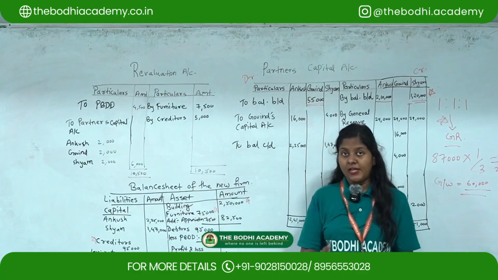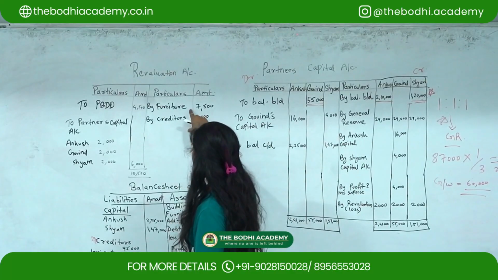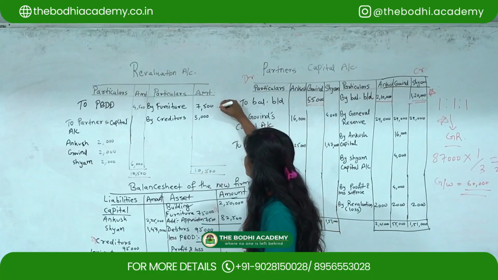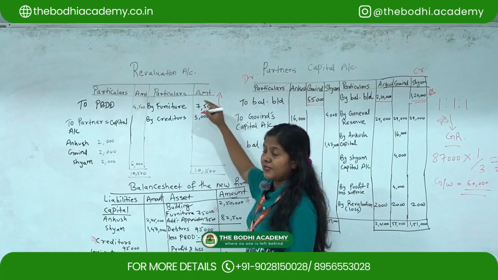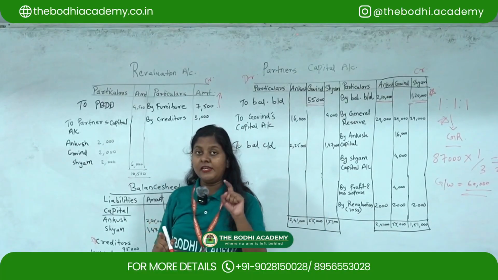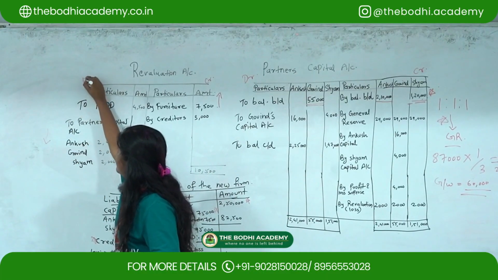So since the value of the asset is increasing, it will go on the revaluation account. Here the furniture is an asset, so the value of the asset is increasing, so it will go on the credit side, and whenever the value of an asset decreases it will go on the debit side.